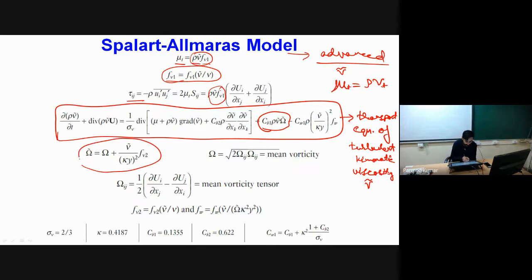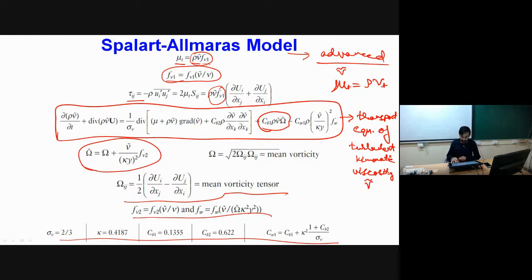So this rotational component is given over here. This mean vorticity vector is something which we can calculate in terms of the mean velocity gradients, and these are the values of different constants involved over here. The beauty of this Spalart-Allmaras model is that we calculate Reynolds stresses using the Boussinesq approximation only, but the anisotropic nature of turbulence it takes care of by having transport of our turbulent kinematic viscosity.